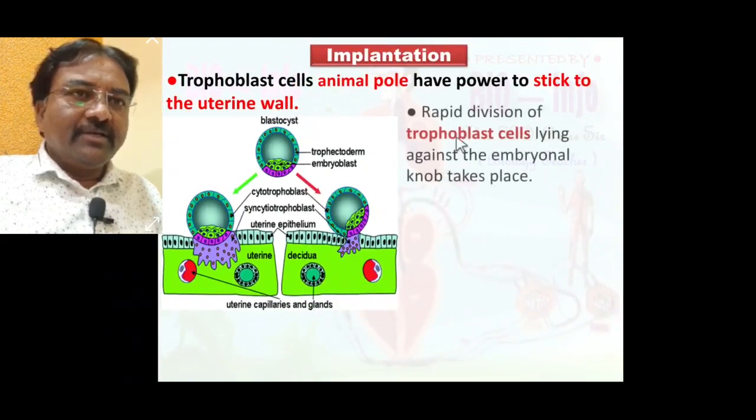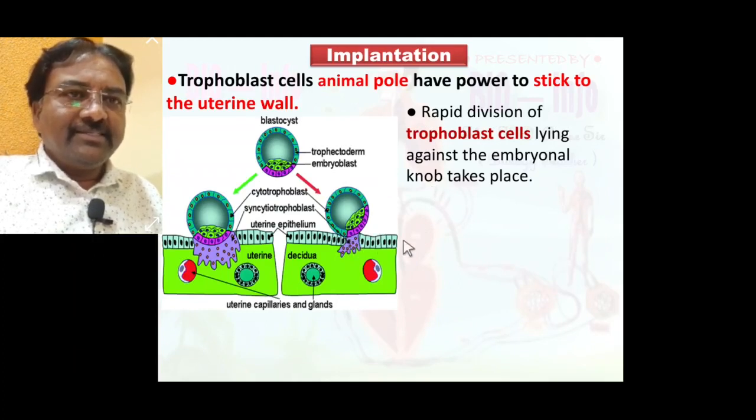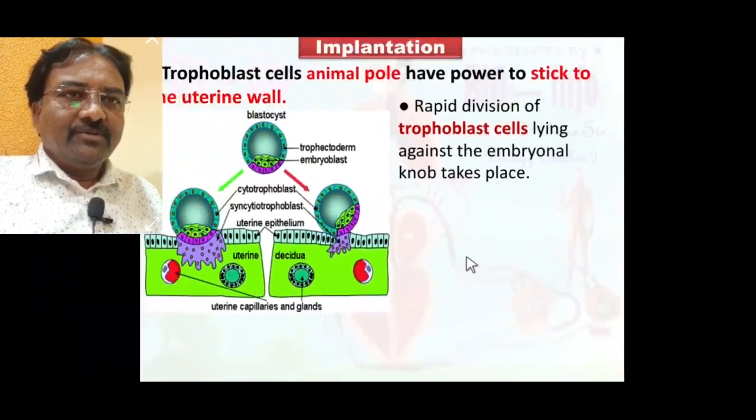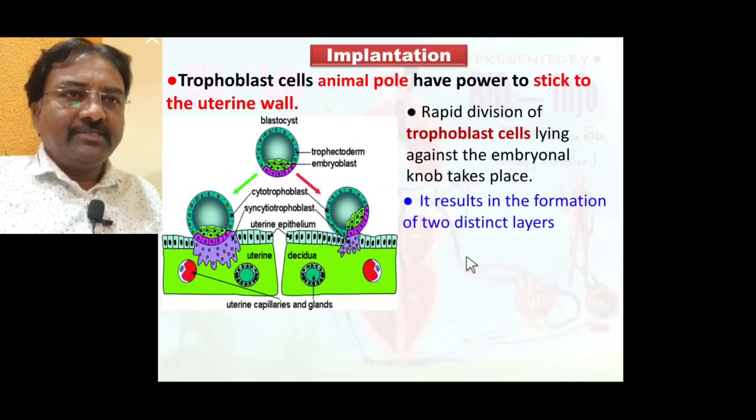Now a rapid division of the trophoblast cells lining the embryonal knob takes place. Those trophoblast cells show rapid cell division, resulting in the formation of two distinct layers.